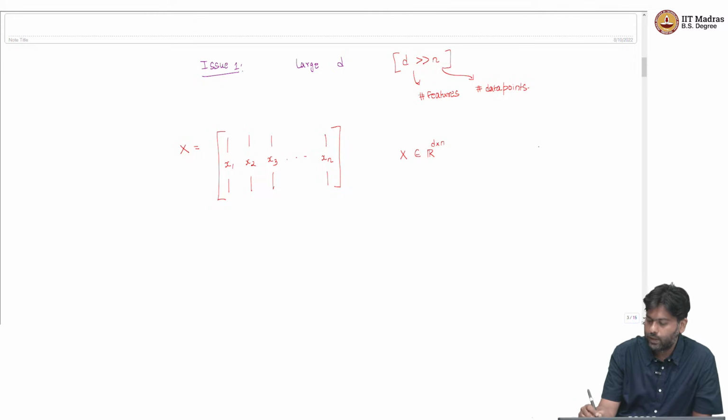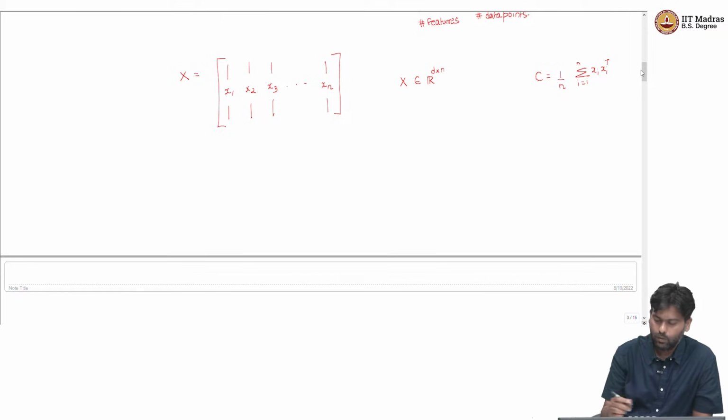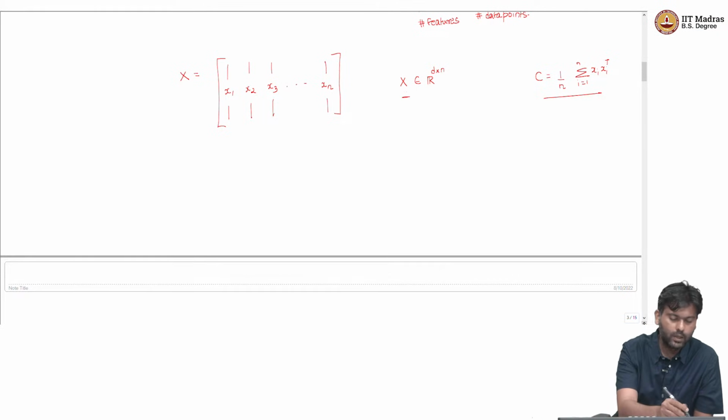Now, the covariance matrix we know is 1 over n sum over i equals 1 to n xi xi transpose. Now, I want to write this covariance matrix in terms of this matrix that I have defined here, and that is possible, not too hard to see.